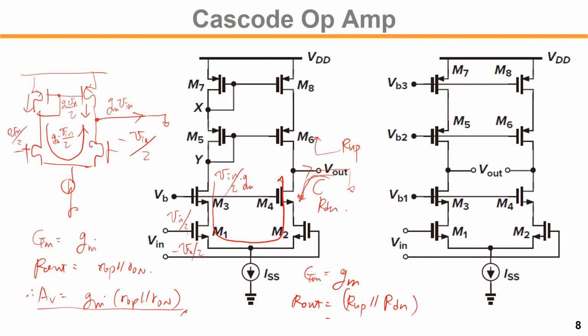R up is GM RO square, in parallel with the GM RO square. Sorry, the output impedance is boosted by the cascode, so approximately RO square times GM in parallel with the GM RO square.